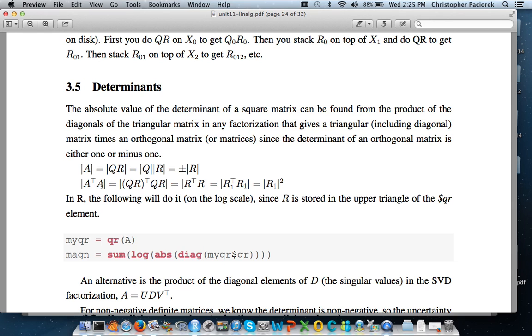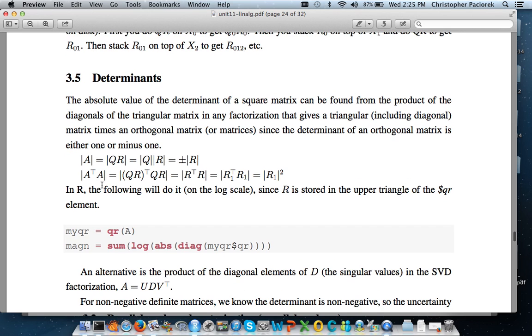It's just the product of the diagonals. So if A were square and I've done a QR of A, then I can get the determinant by taking the product of the diagonal elements of R, and I know that the determinant is either plus or minus that, because I might not know directly what the determinant of Q is, or whether that's positive or negative. Of course, if it's positive definite, that's always going to be plus 1, just by construction.